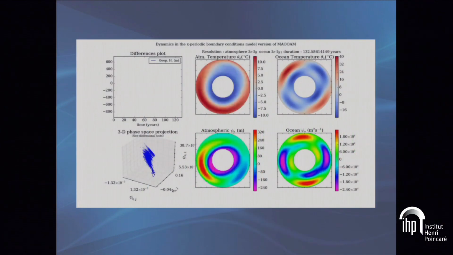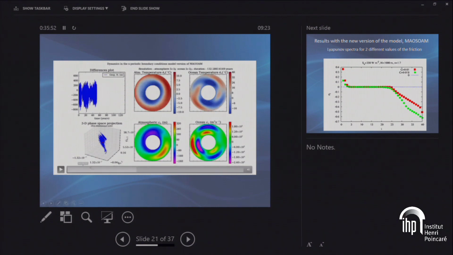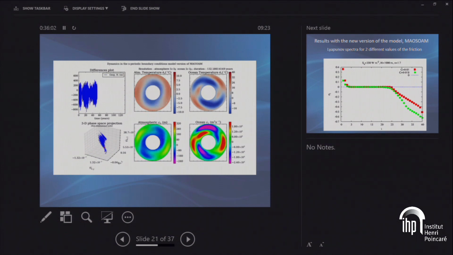And here I have to switch to show you the movie. So let's look at the evolution of the solution in this case. Of course, we have changed the geometry because this is periodic boundary conditions. It doesn't really matter. But what is interesting to note is that you have again the ocean and here the atmosphere.